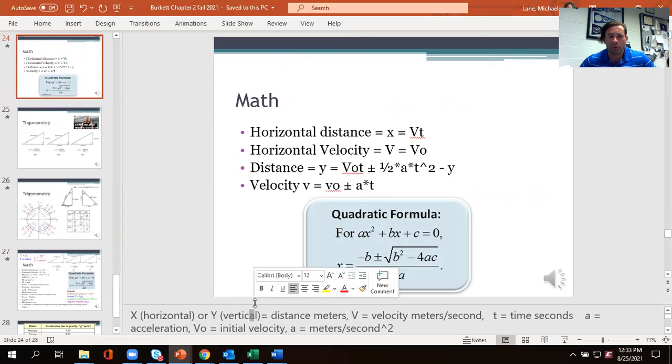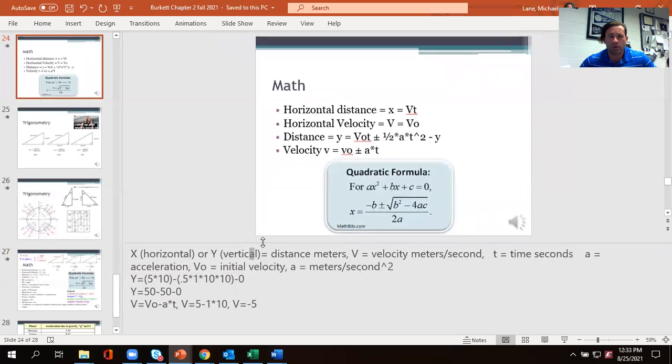So remembering again what the units are that we're working in. The example that we have here, folks, is if we start off going at 5 meters per second for 10 seconds, and we're decelerating at 1 meter per second for those same 10 seconds, how far would we have gone in the same period of time?